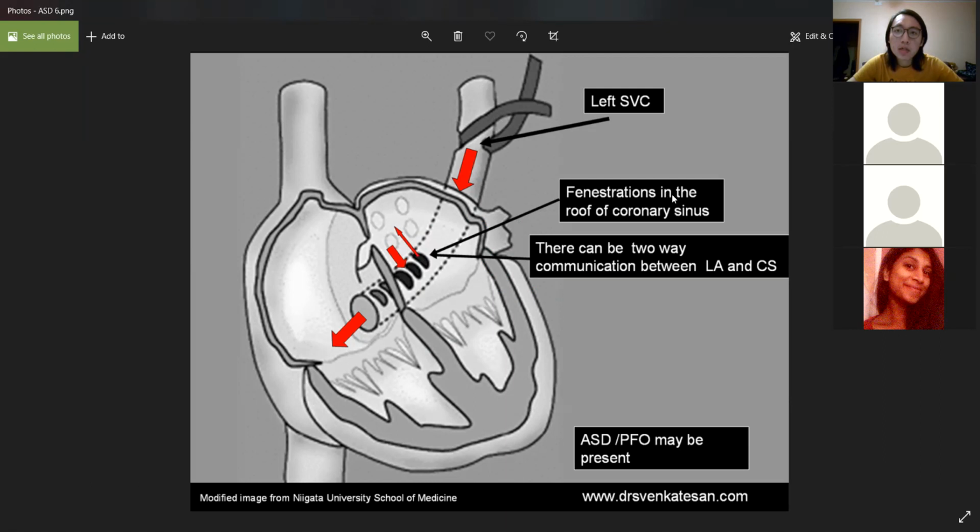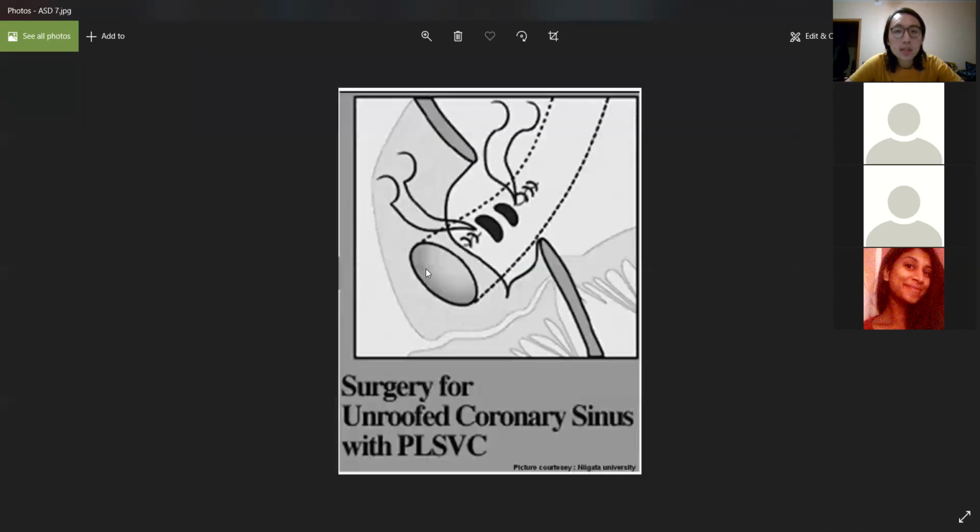See fenestration in the roof of the coronary sinus. Of course, your coronary sinus is not like this. You see, it's all coming out like this. This was dissected and all that. So it's not really a very good picture, but the idea is these fenestrations over here. What you have to do when you see unroofed coronary sinus is to close those defects.